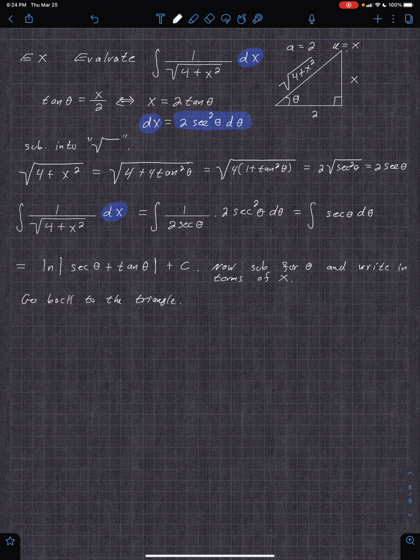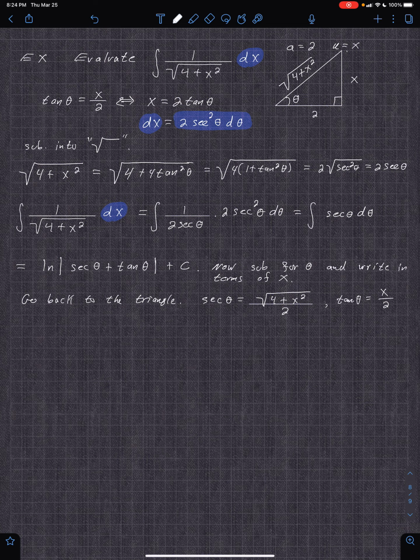So the secant theta is hypotenuse over adjacent, so it's the square root of 4 plus x squared over 2. And tangent is opposite over adjacent, so x over 2.